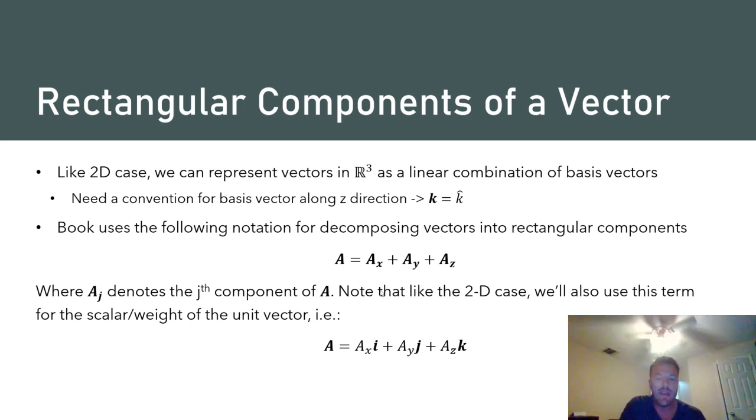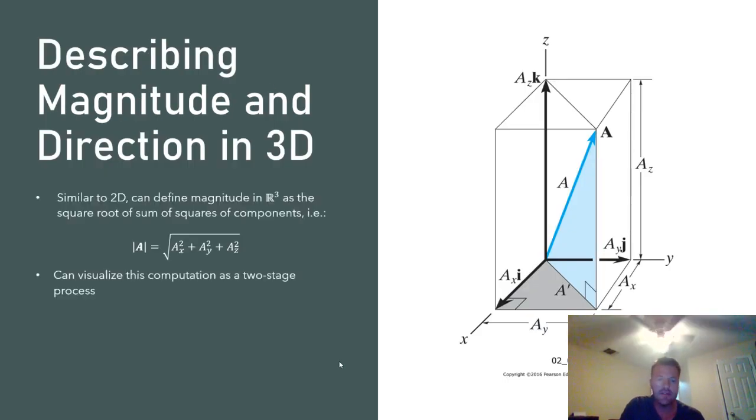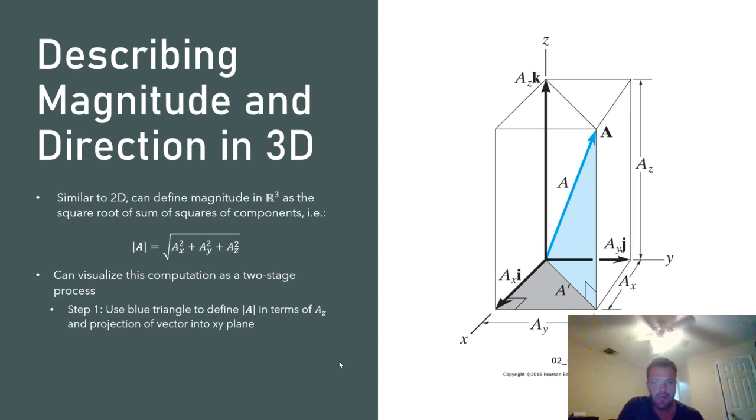And the reason that you can write that in terms of its magnitude times i hat is because of that scaling property that we talked about previously. Magnitude of i hat is just 1. So when you multiply, the resulting term that is left has to be the magnitude of that vector along the x-axis. So now let's actually look at some angular-based descriptions. First and foremost, before we do that, the question is, how do we describe actual magnitude in 3 dimensions?